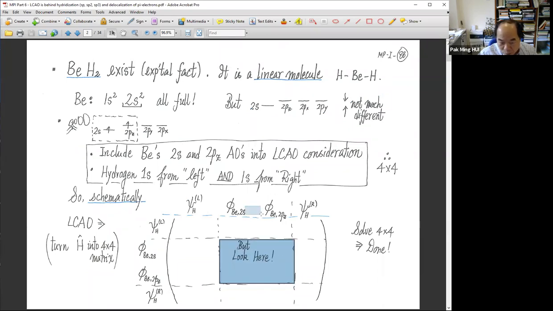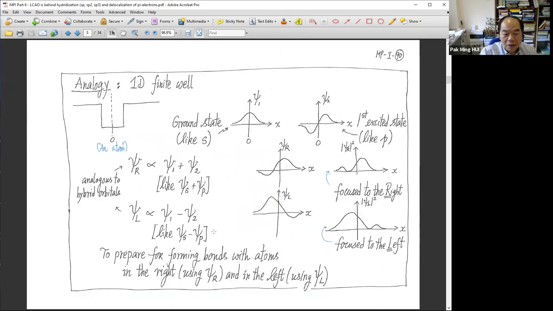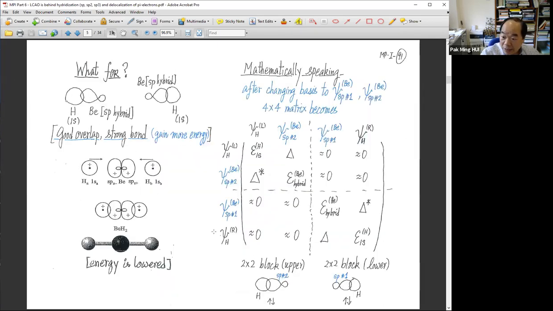We add them, we subtract them, and form two new ones. One is called number 1, that will form a good bond with this. One is called number 2, that will form a strong good bond with the left hydrogen, okay? So after we change bases, we rewrite the 4x4 into this form. We no longer have beryllium S and P. Instead, we have sp hybridized number 1, sp hybridized number 2.